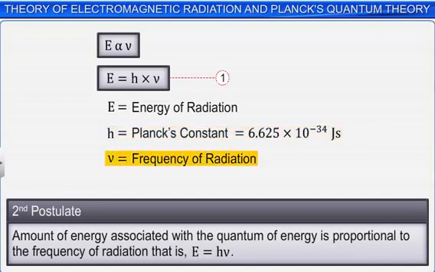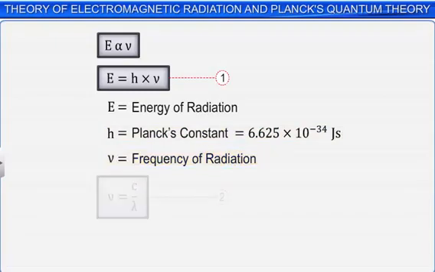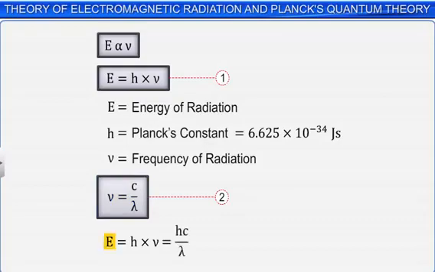To write this equation in terms of velocity and wavelength, substitute equation 2, that ν is equal to c divided by λ, in the above equation. Hence, the resultant equation is E equals hc divided by λ.